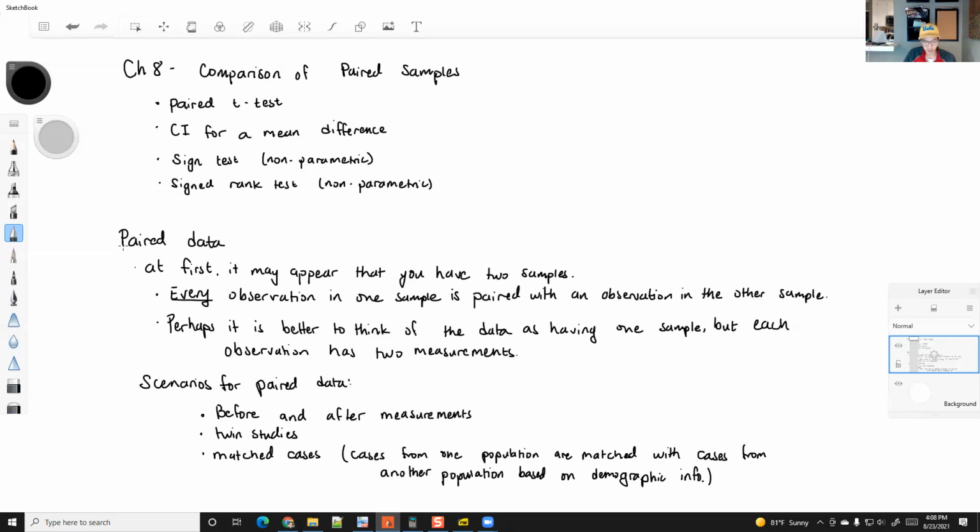And so you'll have a male ninth grade student from high SES matched with another male ninth grade student with high SES. And you'll have maybe an eighth grade female with middle income matched with another eighth grade female with middle income. So you might try to match your cases based on demographic information if you're drawing from two different populations. Okay, and that would be another example of a paired study.